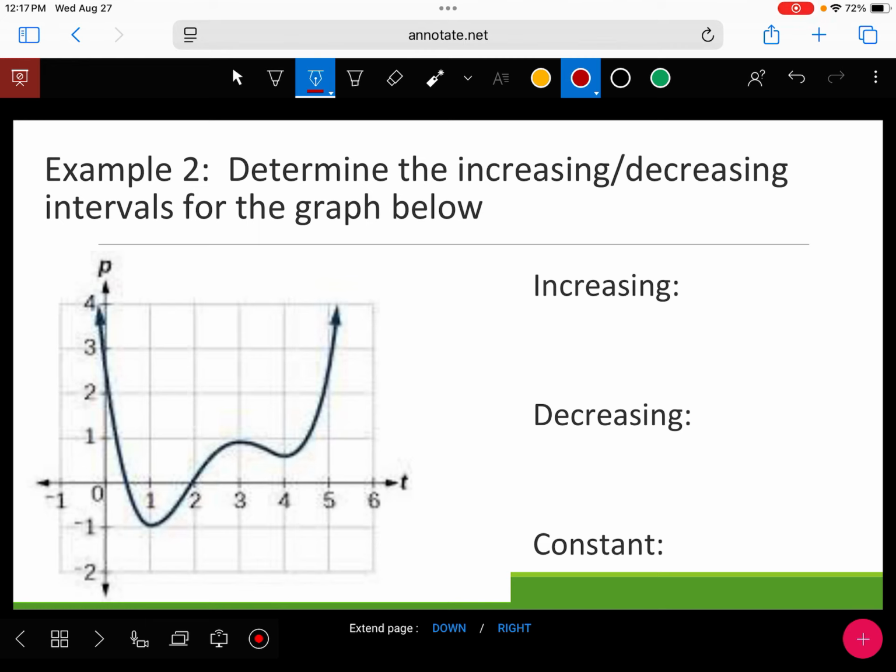Now, even though both arrows are pointing up, that does not matter. The left arrow, negative infinity. The right arrow, positive infinity. So let's start tracing it.